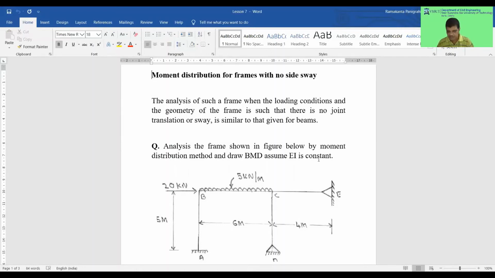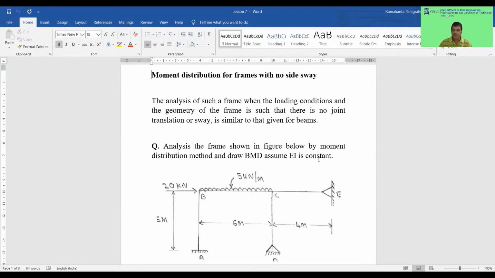So by seeing the problem, its geometry and its boundary conditions, we can say the frame will sway or will not sway. Now let us do one example in this class, and we'll solve another two examples in the next class.